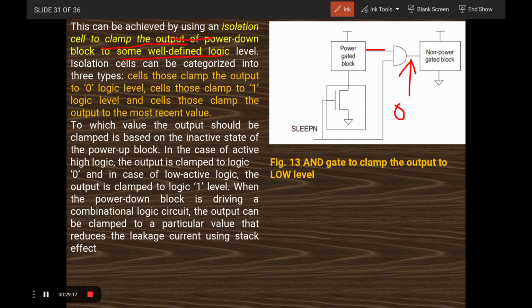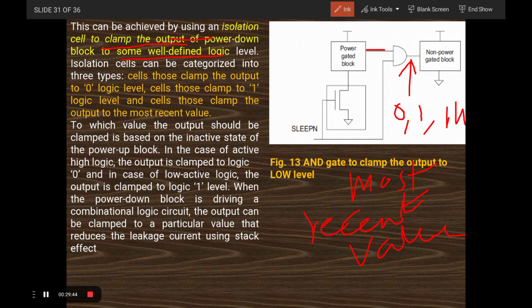That is nothing but cells that clamp the output to logic 0, cells that clamp the output to logic 1, and cells that hold the most recent value. So these are the 3 outputs of the isolation cells.